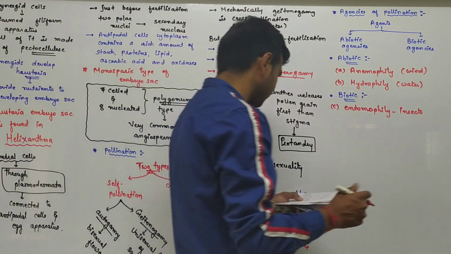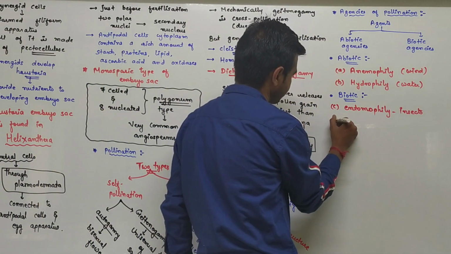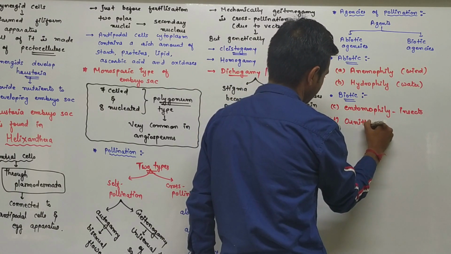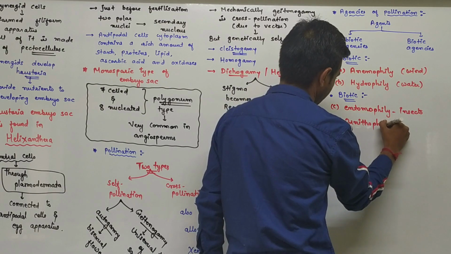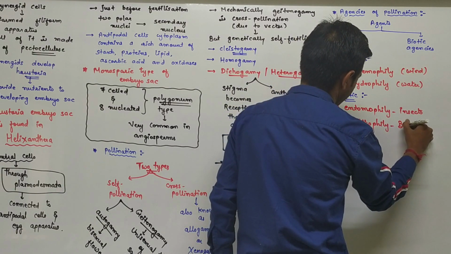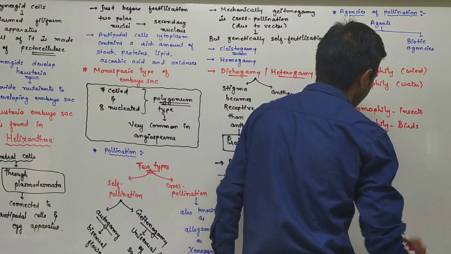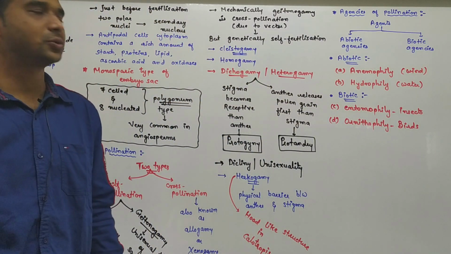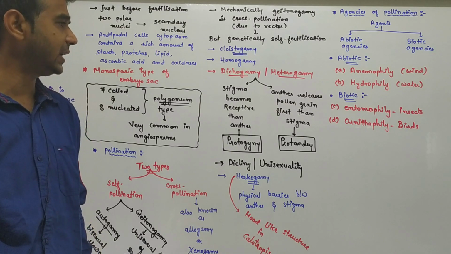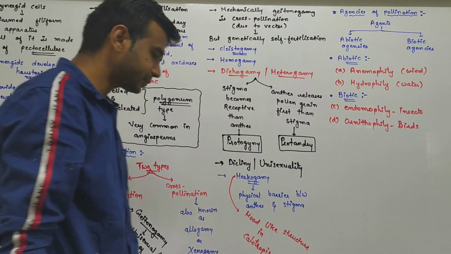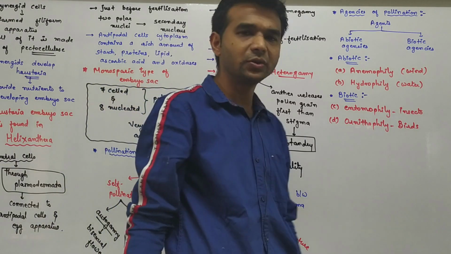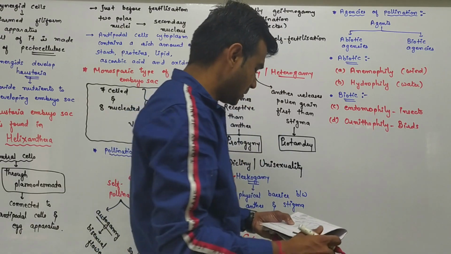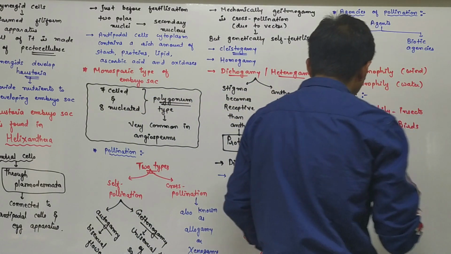Then ornithophily. If pollination occurs through birds, known as ornithophily, and the study of birds is known as ornithology, you know that word. Chiropterophily, bats.